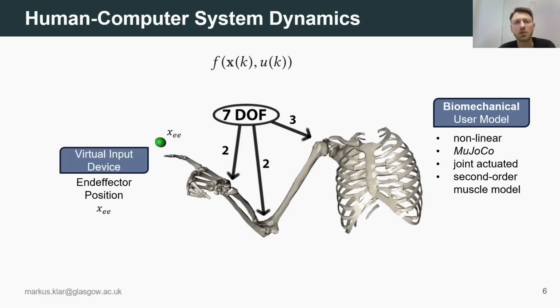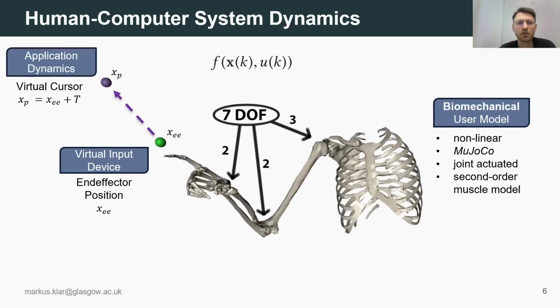For the input device, we chose to model a virtual motion capturing marker on the fingertip that we can then use to apply different interaction techniques for pointing. For example, here this virtual cursor that just applies a translation on the fingertip position. And this already concludes our human-computer system dynamics.